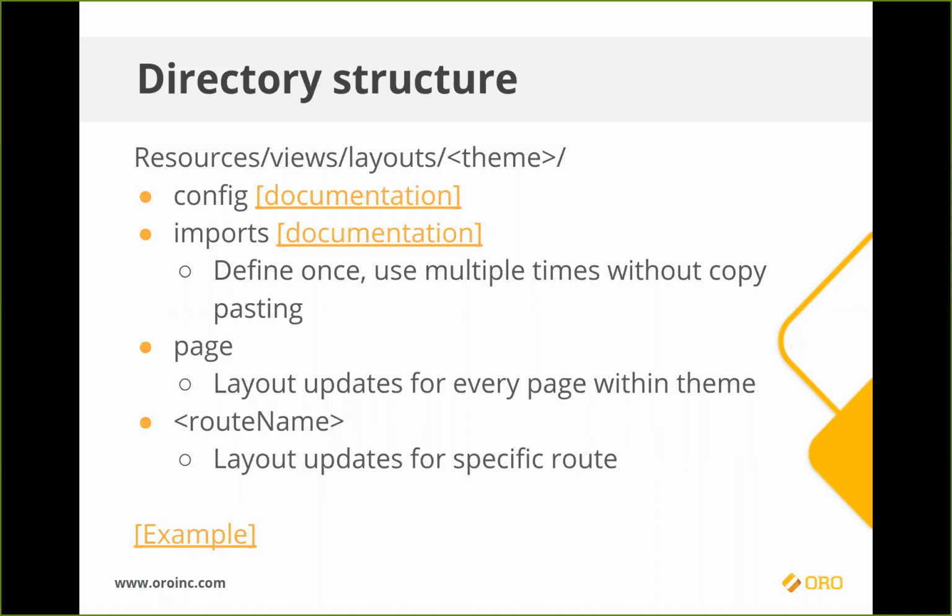In other words, you cannot have a layout block or layout update or layout structure without a theme. It's always connected to some theme. Yes, it may be connected to the blank theme. It means that every child theme which uses the blank theme as a parent will have this layout block or layout update too, but it still has to be assigned to some theme.